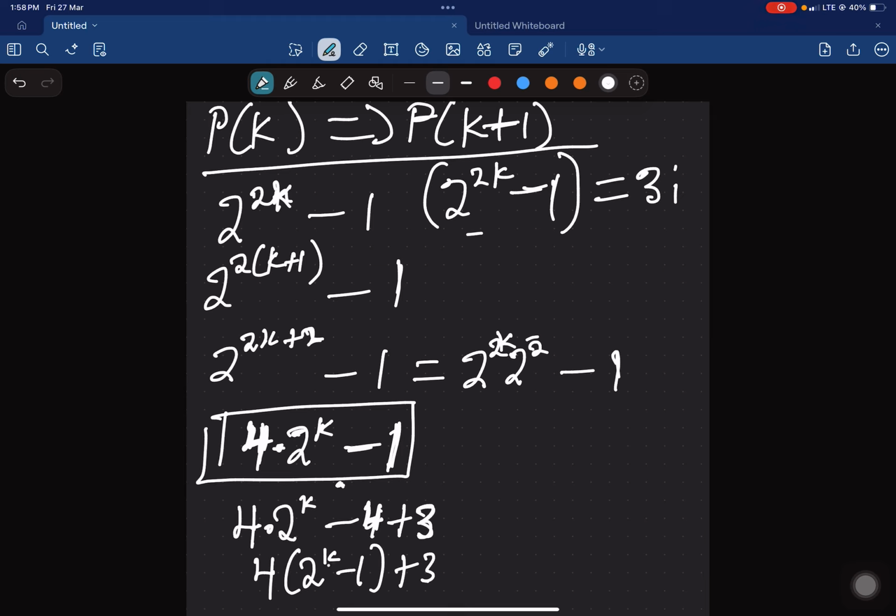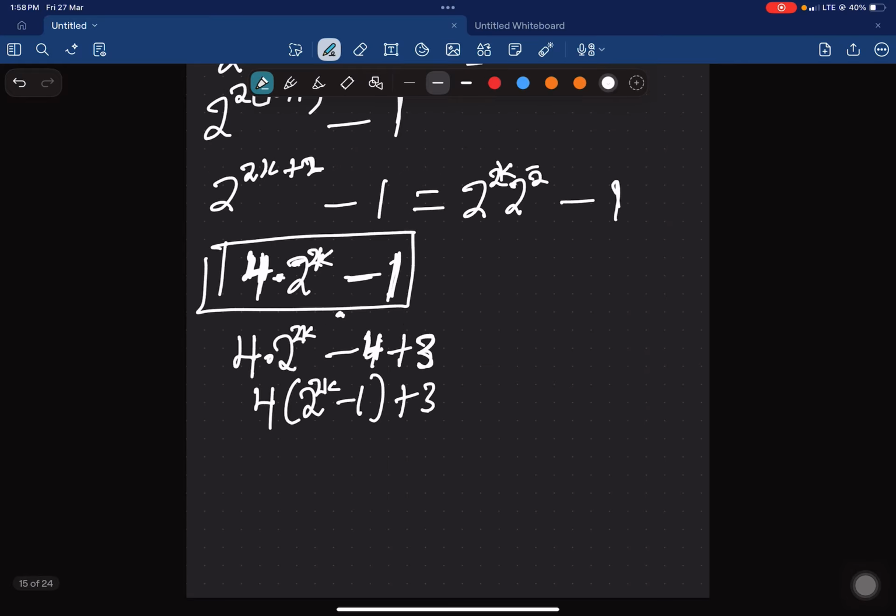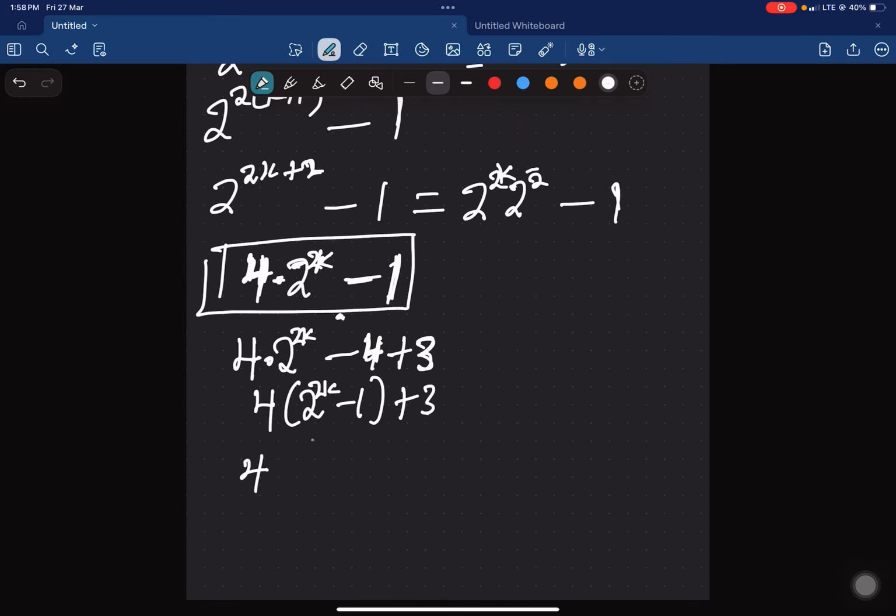Now this 2 to the power 2k minus 1 is 3i. Let's replace that with 3i. So 4 multiplying 3i plus 3 gives us 12i plus 3.